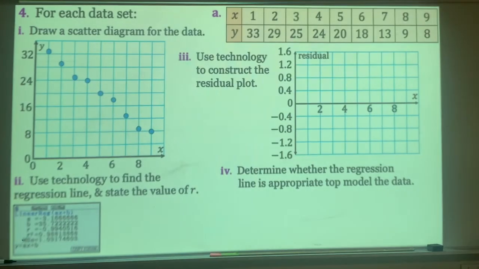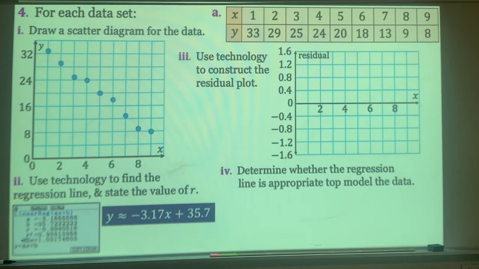Negative 3.166, or negative 3.17x plus 35.7. My regression value is negative 0.994, which is very, very, very strong.